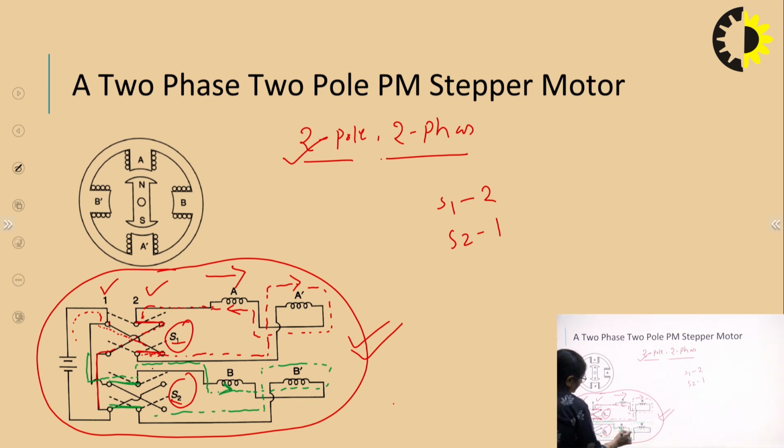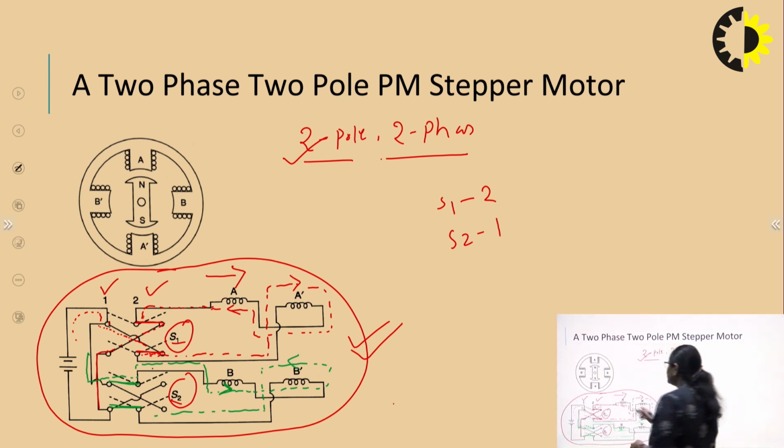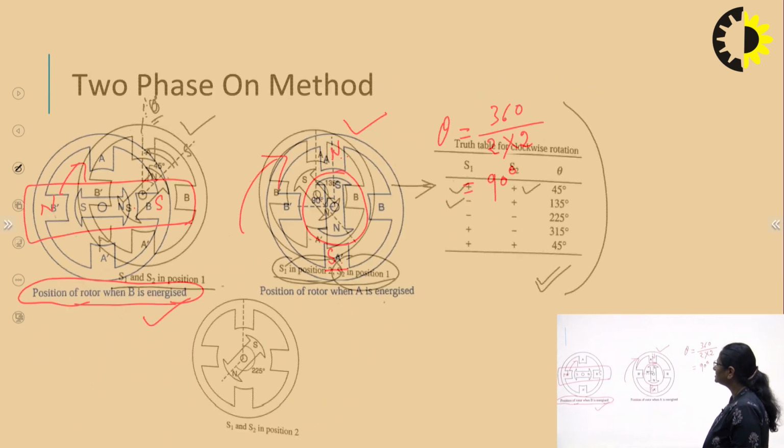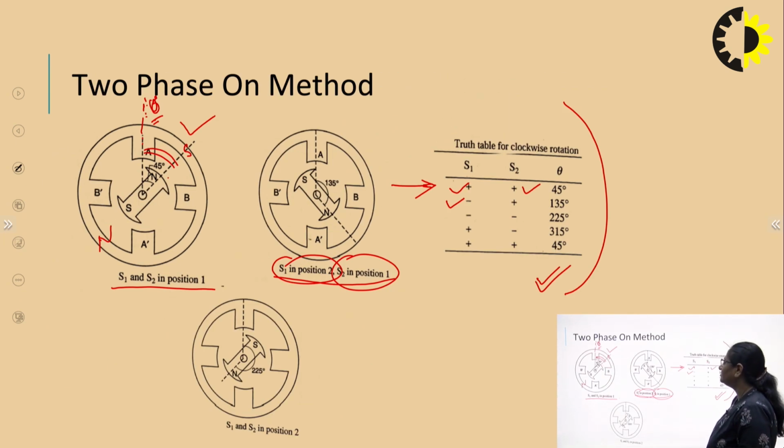The current in phase B is positive, right? In this way, it is actually working. So current in phase A is negative, current in phase B is positive.